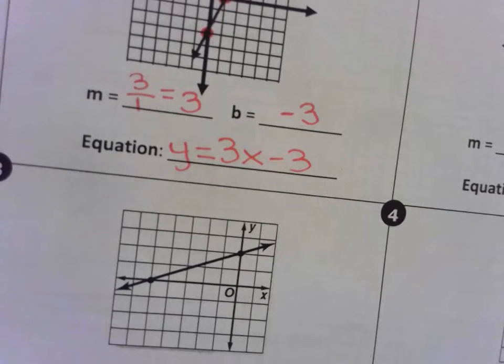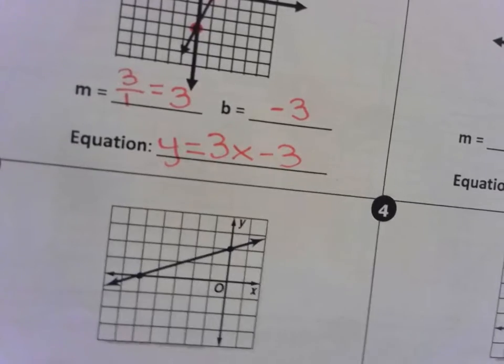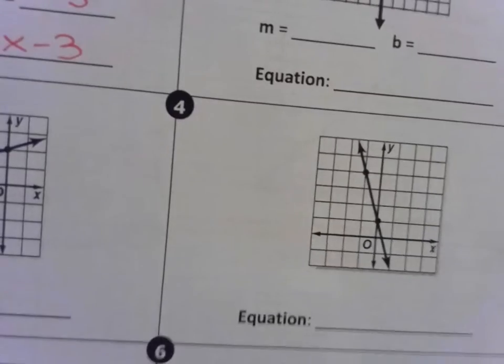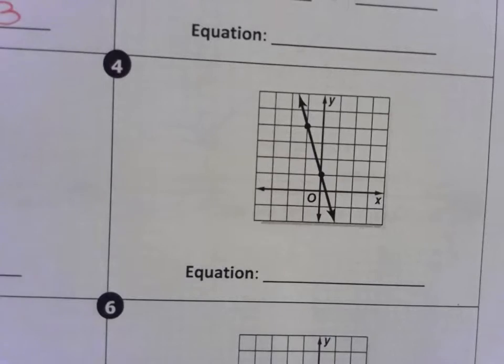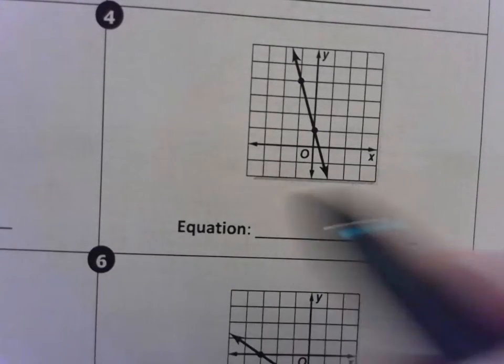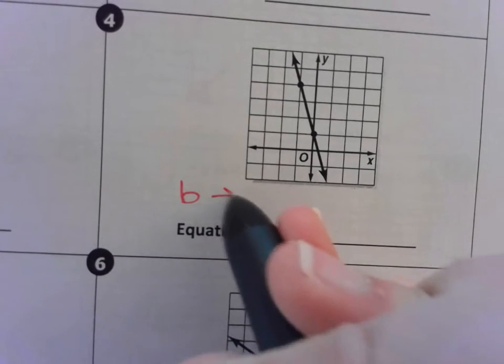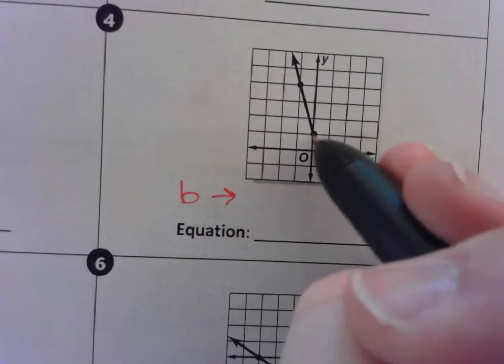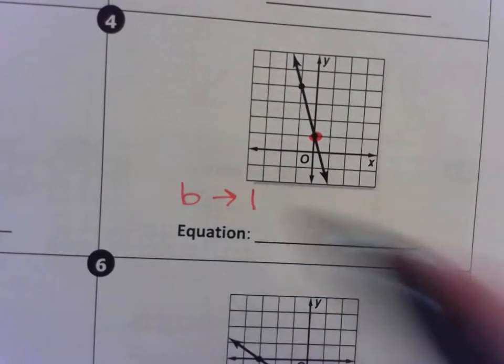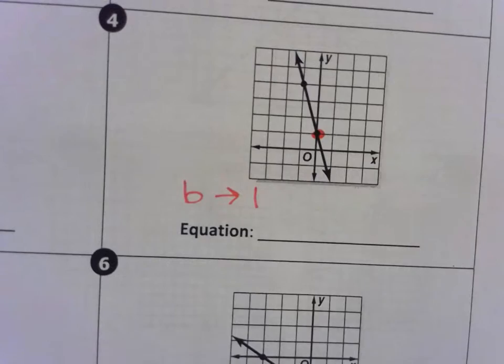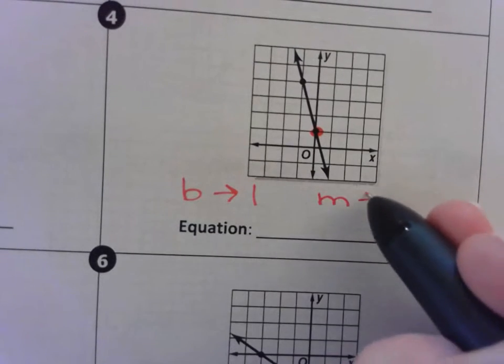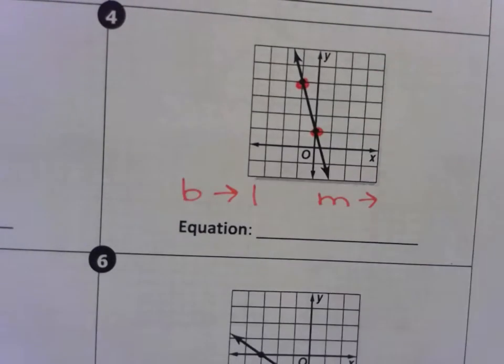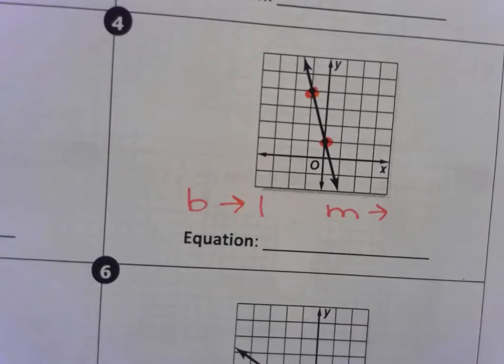Okay, let's look at number 4 real quick. Let's find the y-intercept first. What's the y-intercept for this? 1. It crosses at 1 right there, so my y-intercept is 1. For my slope, choose another point where it hits nicely, which is right there.